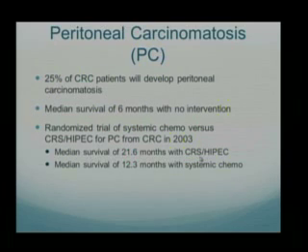So for the cytoreductive surgery group, the survival was 21.6 months versus 12.3 months for the systemic chemotherapy group. And this was statistically significant. So really, since 2003, after the randomized trial, the cytoreductive surgery for peritoneal carcinomatosis had really caught on based on this trial.